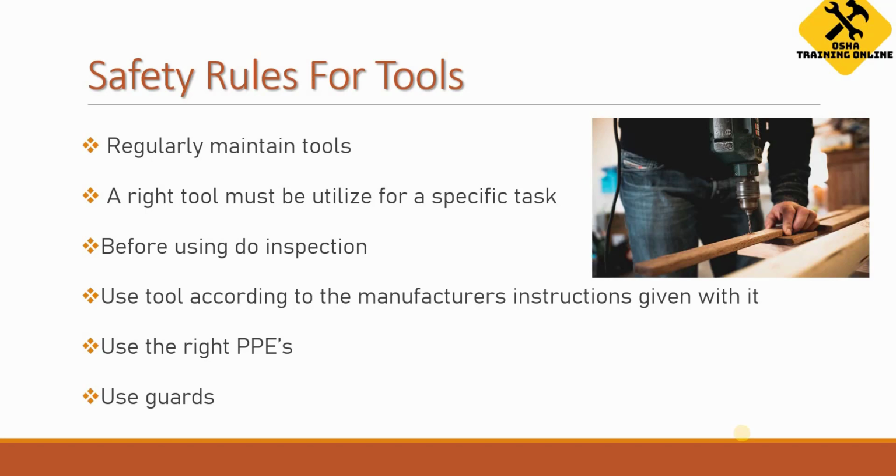Use guards. What is a guard? Guards are devices made in industry, and they are used to protect the worker from different kinds of machines or tools. For example, on the right side you may see a man using a machine, and in that case he may injure his hand. So what an industry does is build guards around it in order to protect the worker.